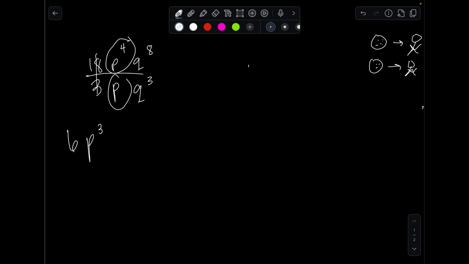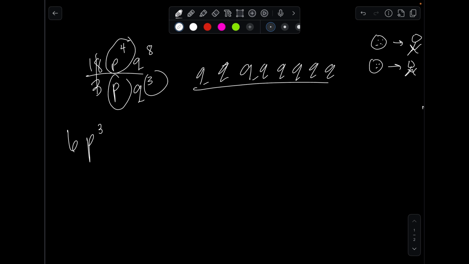We've got 8 q's: 3, 4, 5, 6, 7, 8, divided by how many? 3. 1, 2, 3. So 1 cookie for one person, 1 cookie for one person.